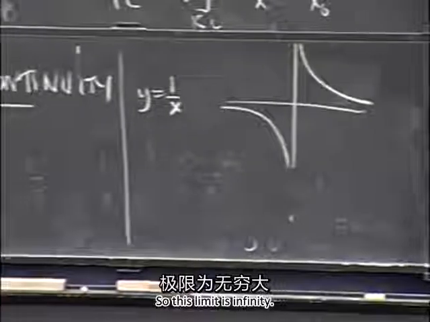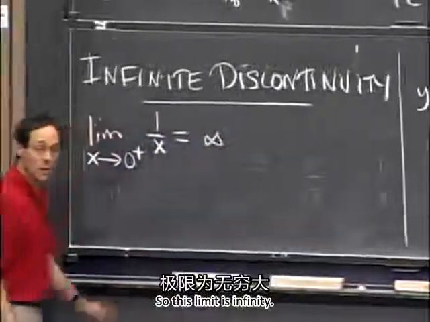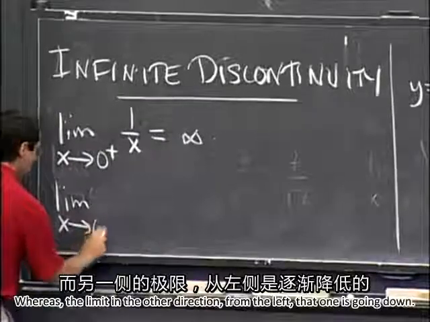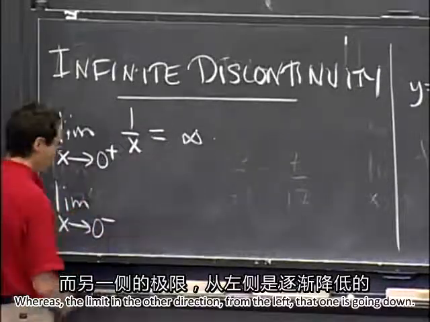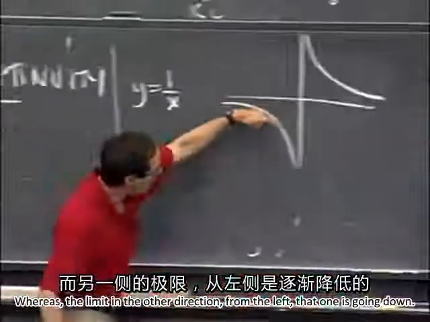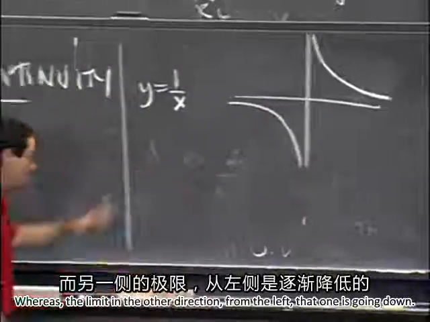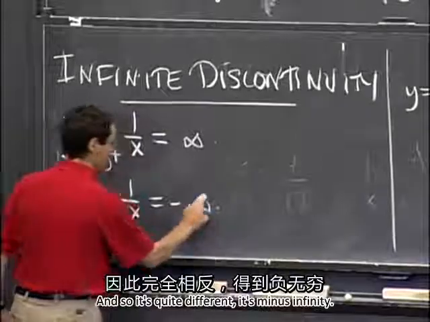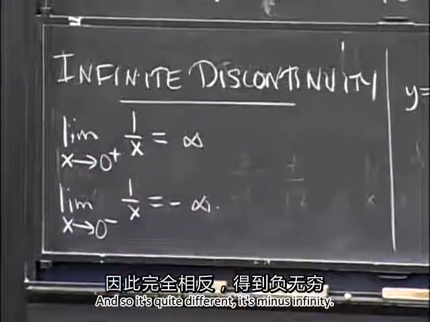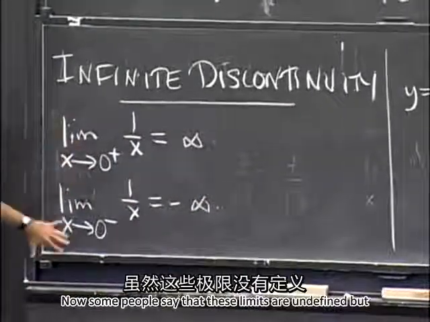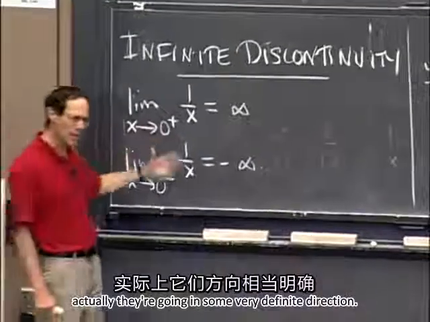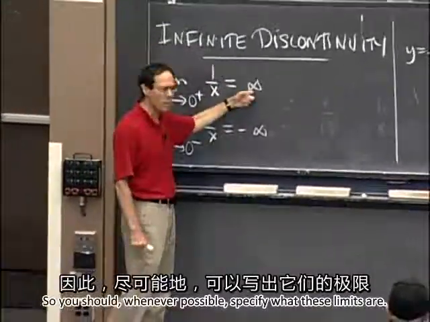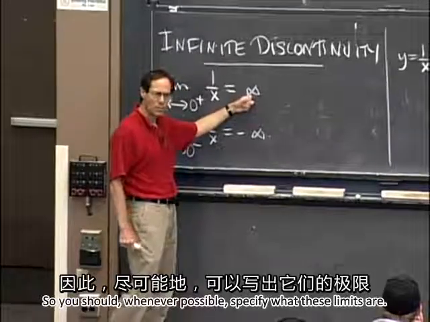So this limit is infinity, whereas the limit in the other direction, from the left, that one is going down, and so it's quite different. It's minus infinity. Now, some people say that these limits are undefined, but actually they're going in some very definite direction. So you should, whenever possible, specify what these limits are.